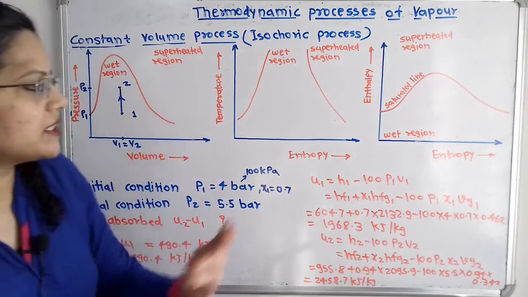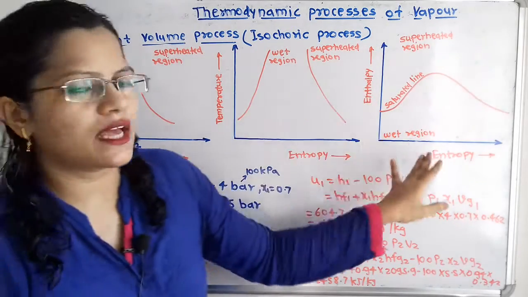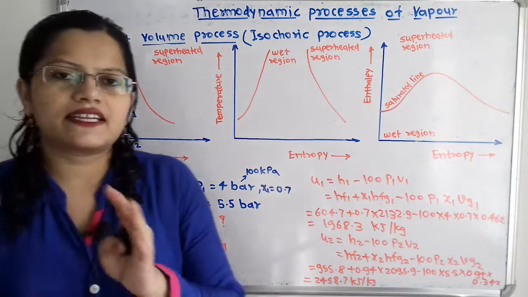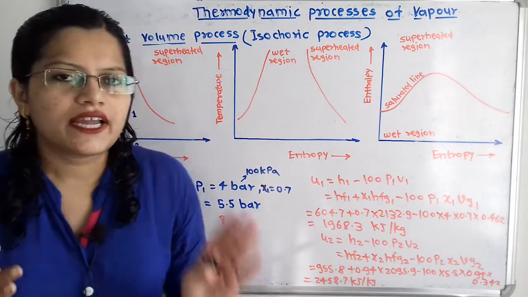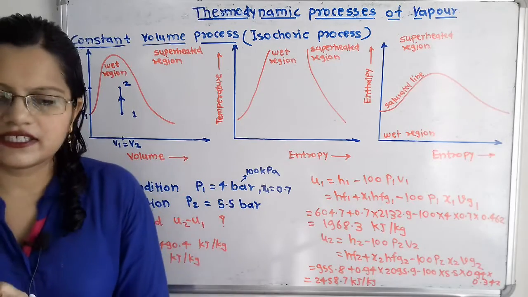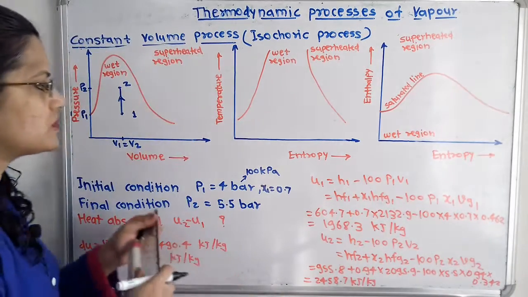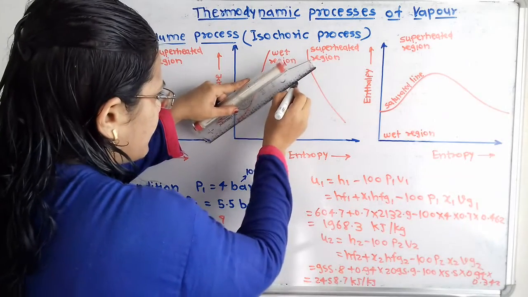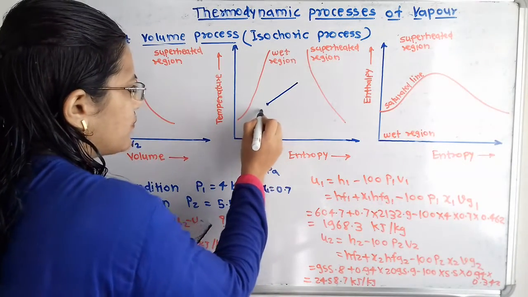Now we will show this on the temperature-entropy and enthalpy-entropy diagrams. We know that as heat is absorbed, the entropy increases. So we have to show this process, that is the increase in entropy as well as the increase in temperature. Here is point 1.